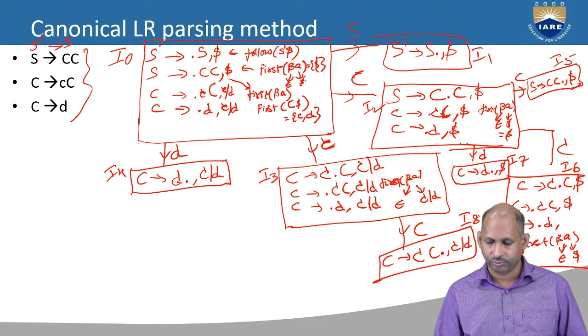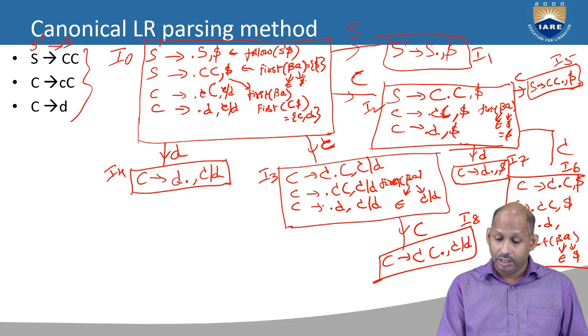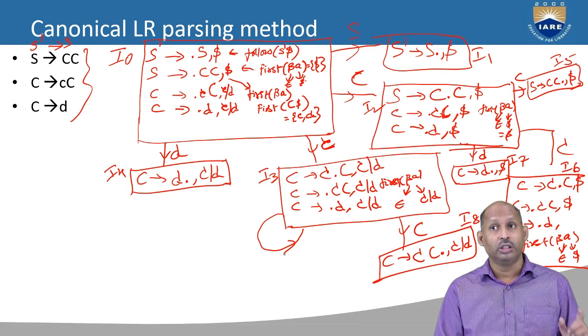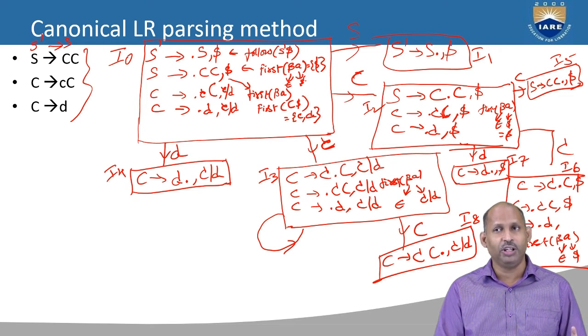Now terminal C is the input. If the terminal C is the input, you will get the same group. Dot terminal C, capital C, will become terminal C dot variable C, and the lookahead symbols will be the same as in I3.